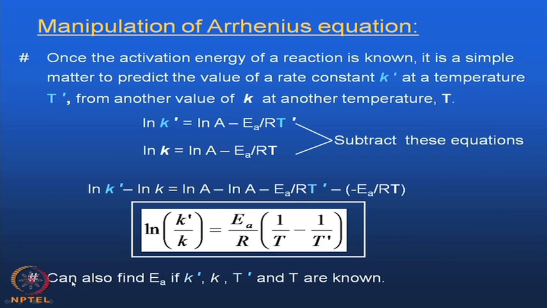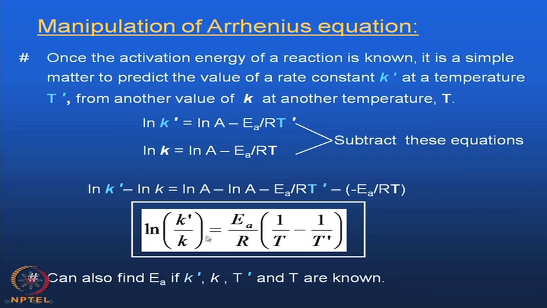Okay. And you can also find EA in the reverse way. Suppose you know these two values, and also these two temperatures, you can reverse engineer and find the value of EA. Okay. So, this expression has immense applicability.